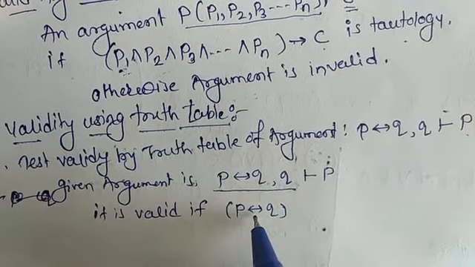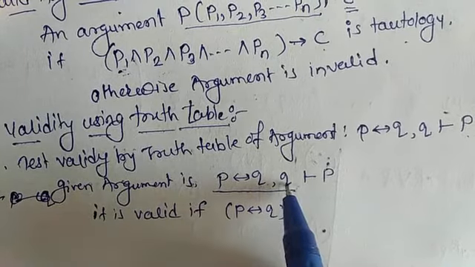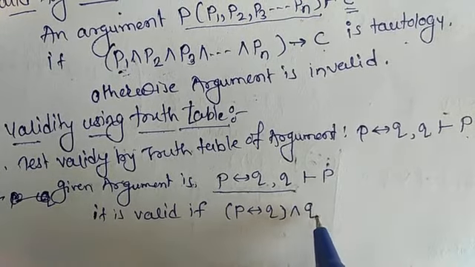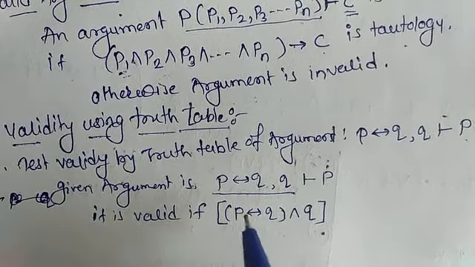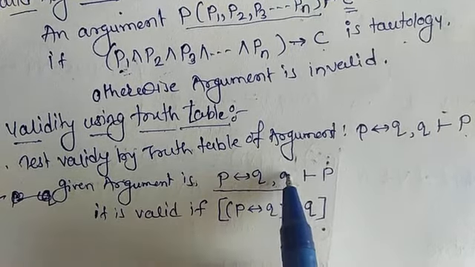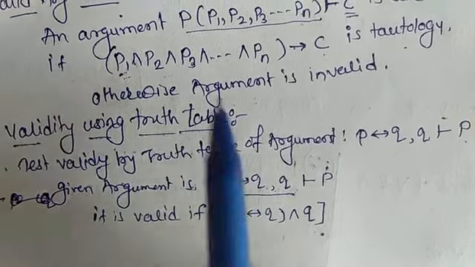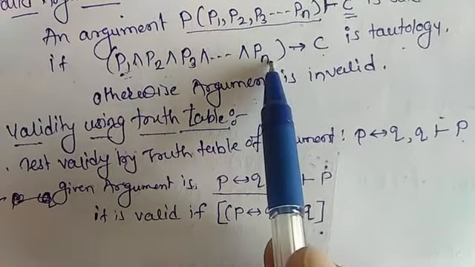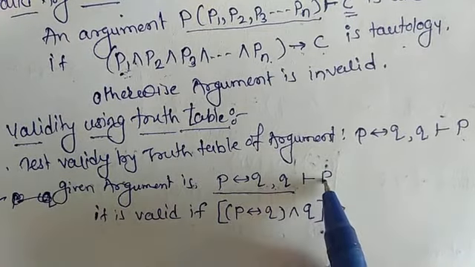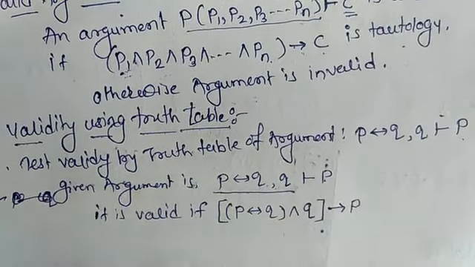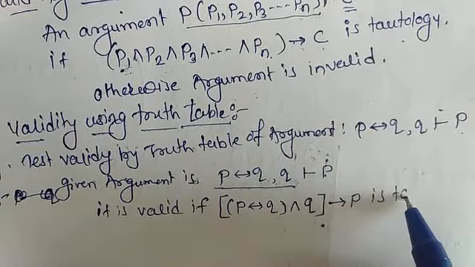The first premise is P → Q and the second premise is Q. The whole will be completed in a single bracket. We have completed our premises part. Implies is the notation for conclusion, and the conclusion is P, is a tautology.